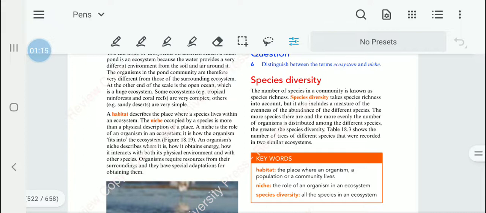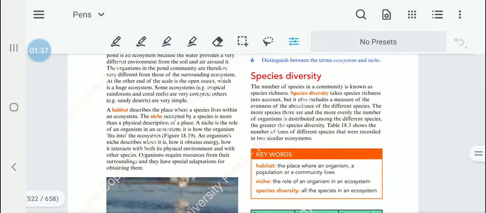If they are evenly distributed, then the diversity would be greater. So the more evenly the organisms are distributed among the different species, the greater the species diversity.